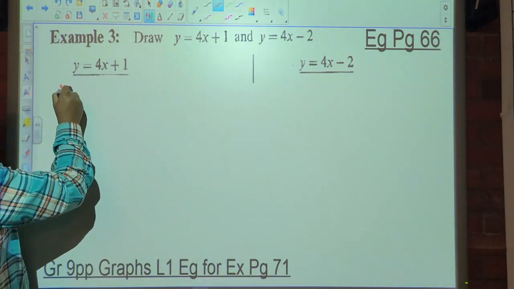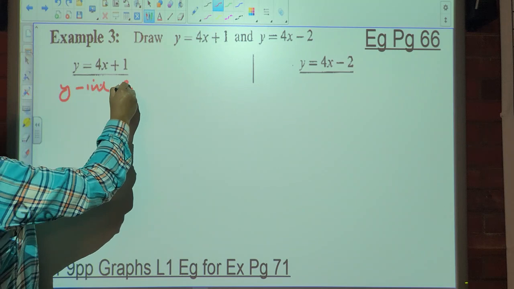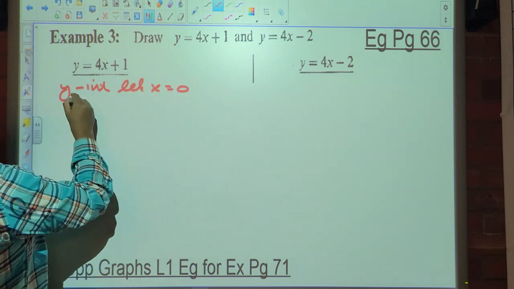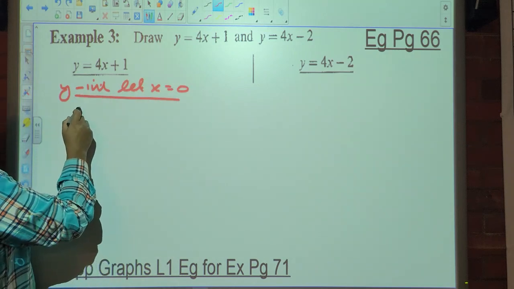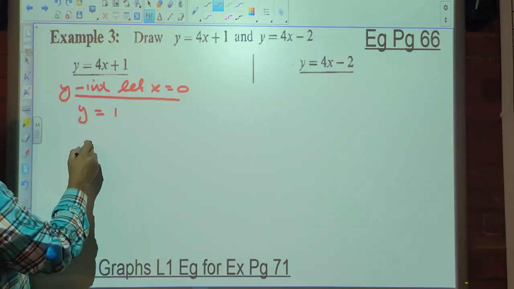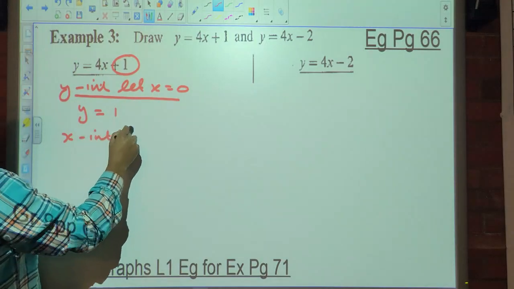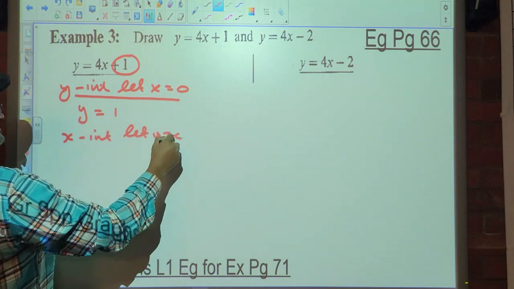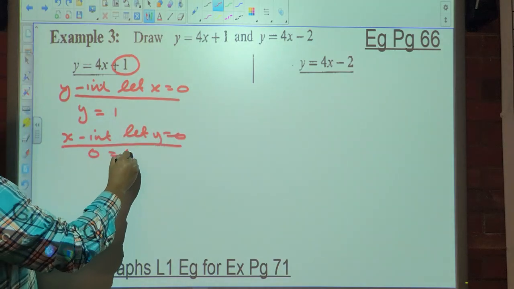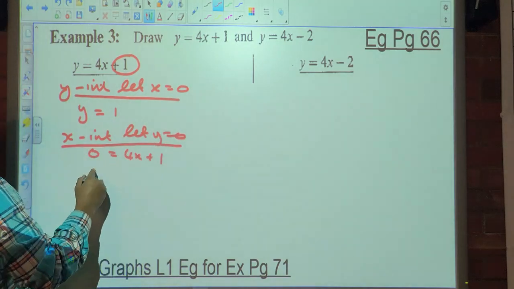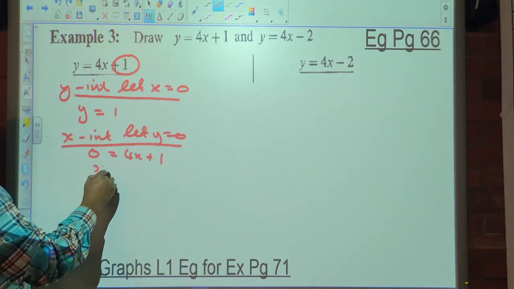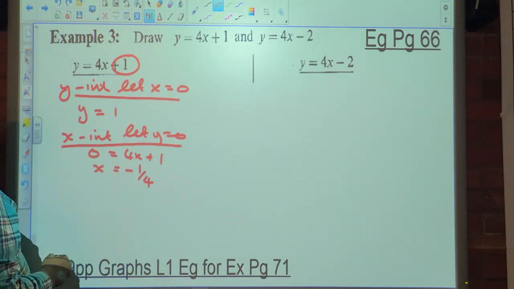What do we do here? Y-intercept. What do you do for y-intercept? Let x equal to 0. So y is equal to 1, which is also that value. X-intercept. What do you do for x-intercept? Let y equal to 0. 0 is equal to 4x plus 1. Get over the equal sign, divided by negative 4. So x is negative a quarter.